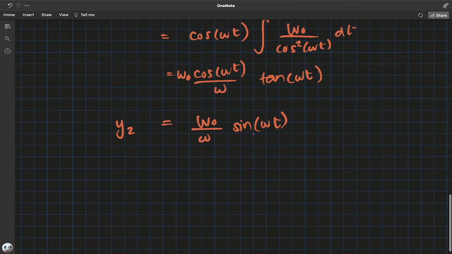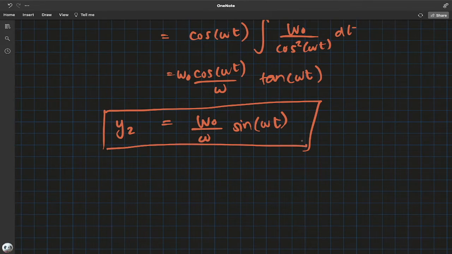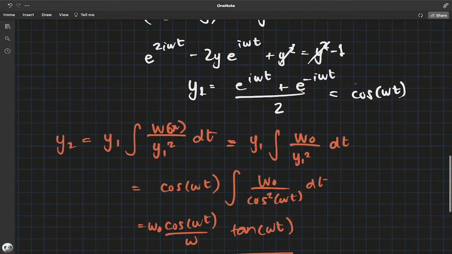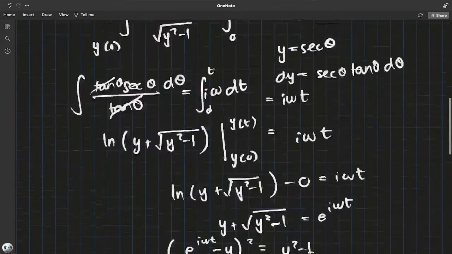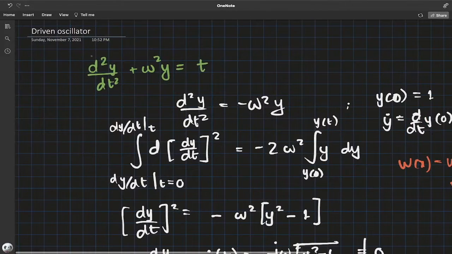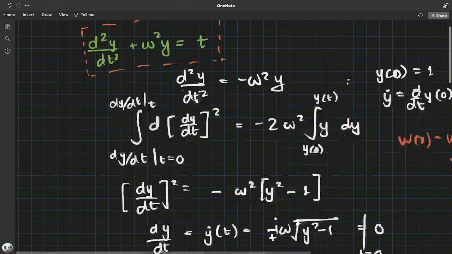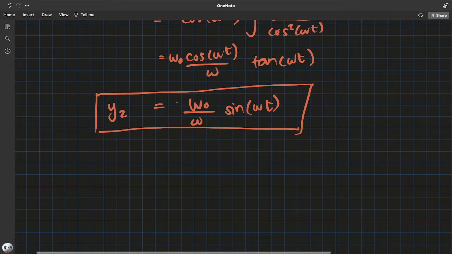So we have this, let me box them, and we have these solutions, and we will use these now to generate the particular solution for this particular differential equation, which is not homogeneous because it has a driving term here. Okay, so let's do that now.